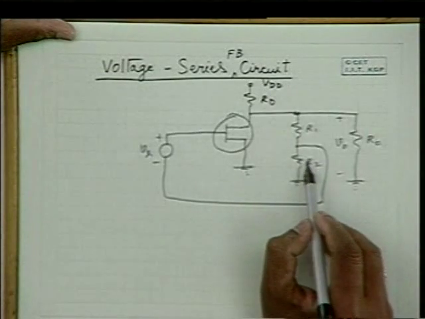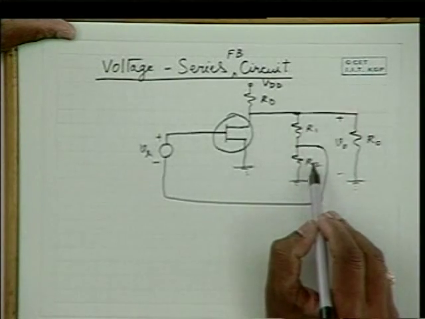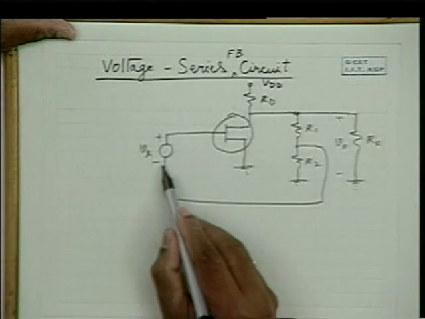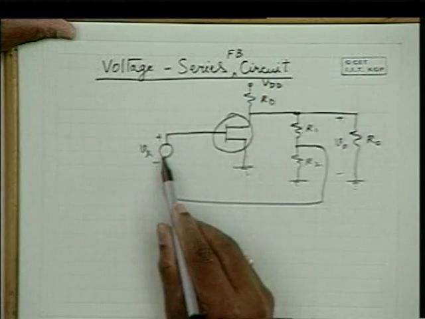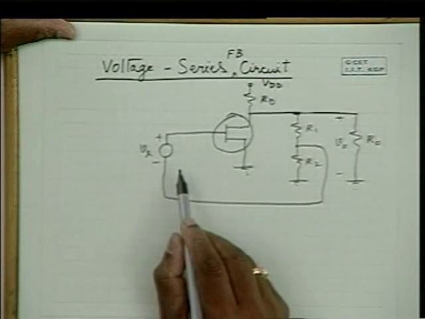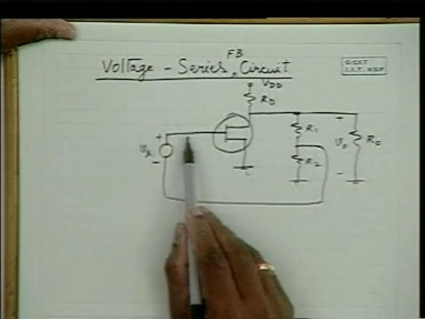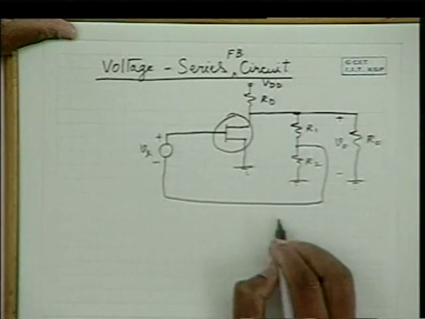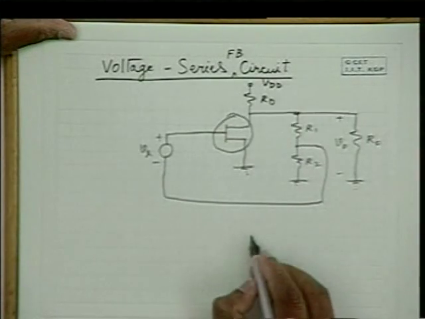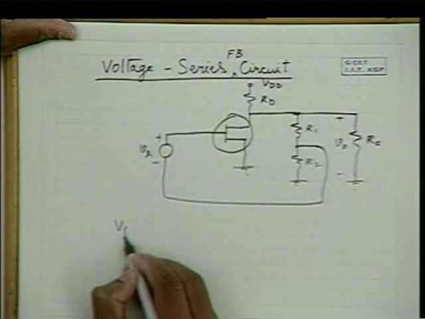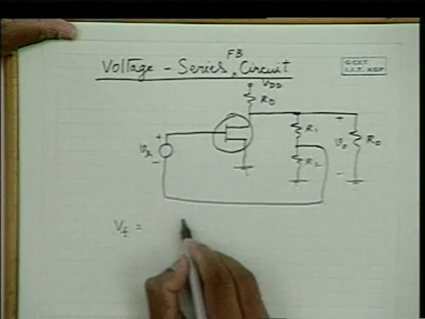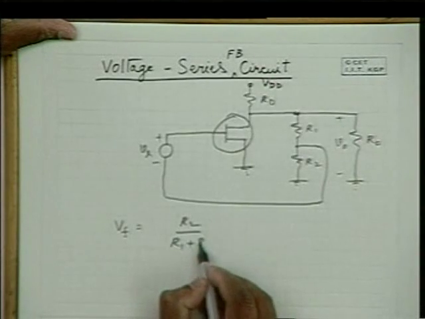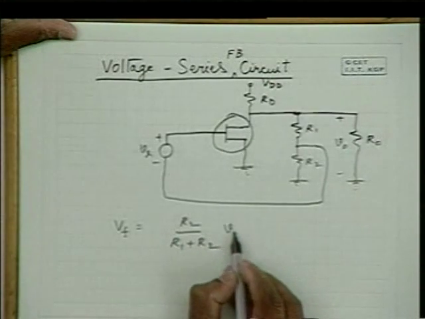R2 by R1 plus R2 times V0, is being fed and applied in series with this voltage source Vs, and so that is applied over here. So please note that the feedback voltage here is R2 by R1 plus R2 times V0.